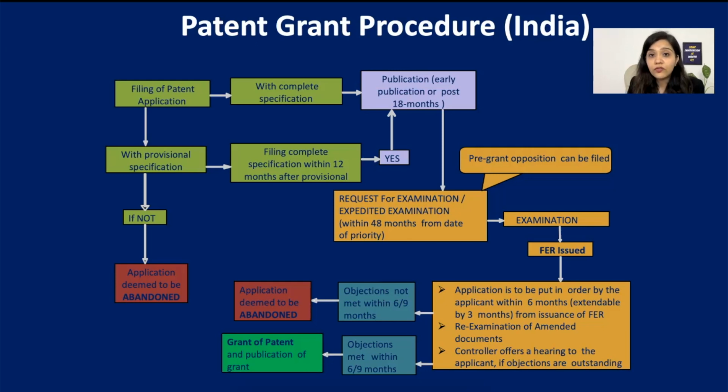That extension of time is available for 3 months, but it can be filed within 6 months only. It cannot be filed after expiry of 6 months. So that reply has to be given within 6 months. I think these are some important aspects of patent examination.